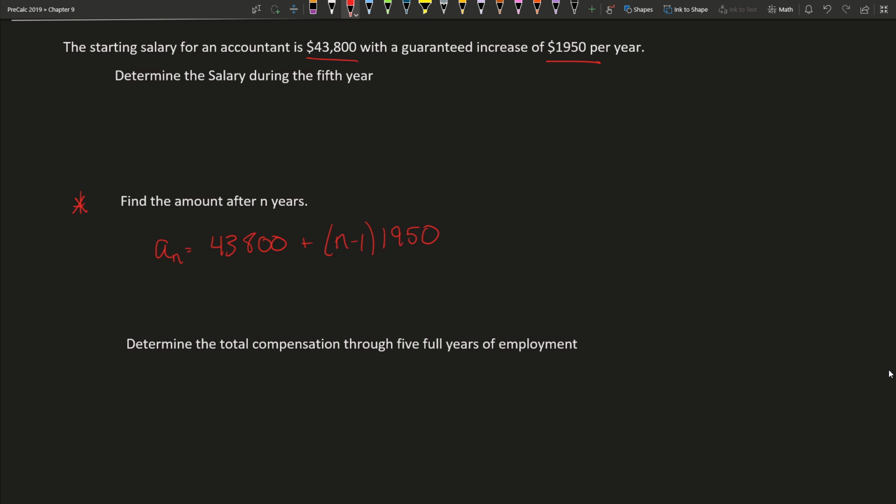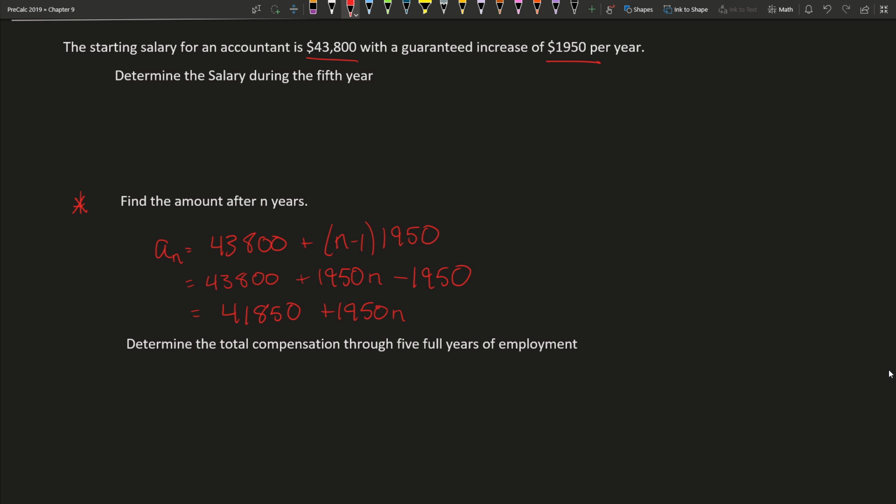And then we can simplify that a little bit. Okay, so our rule is 41,850 plus 1950n.